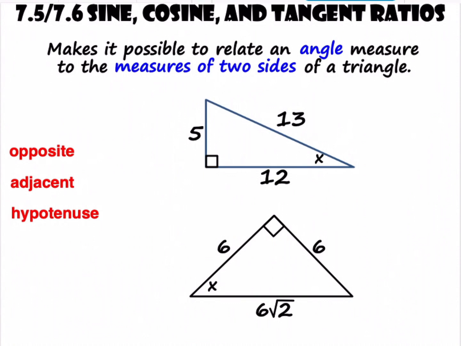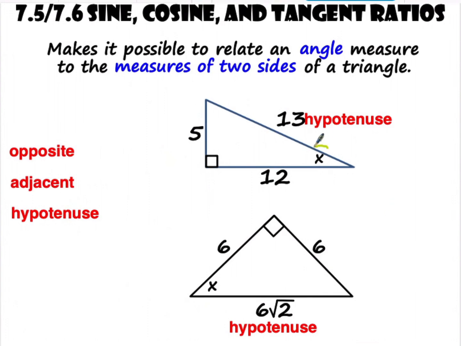Before we start, it's important that we are able to identify what the sides of the right triangle are called. Hopefully you're pretty good at identifying which side is the hypotenuse by now. It's the one across from the right angle. On this bottom triangle, the hypotenuse is the one across from the right angle. Now when we talk about opposite and adjacent, that all depends on what angle you're standing at.